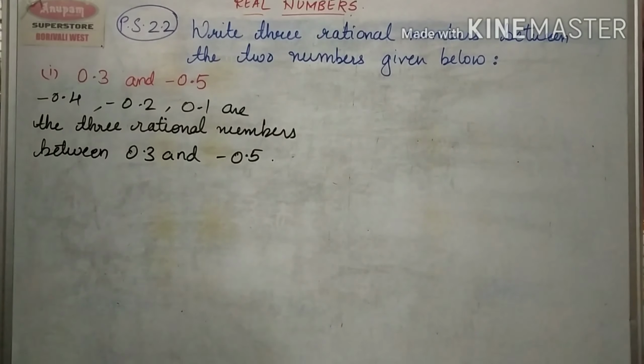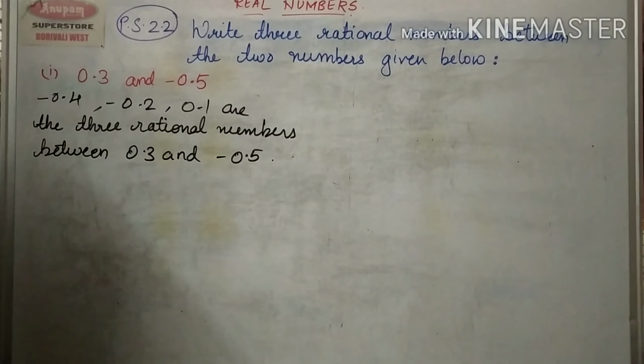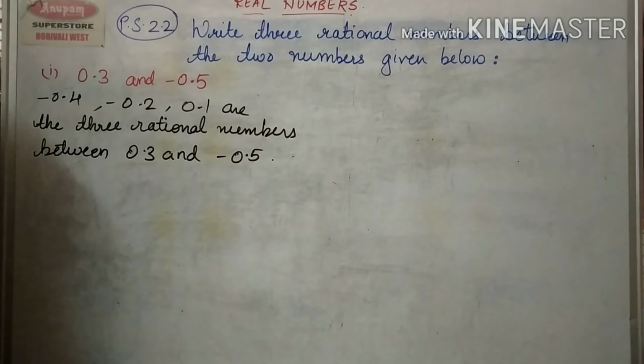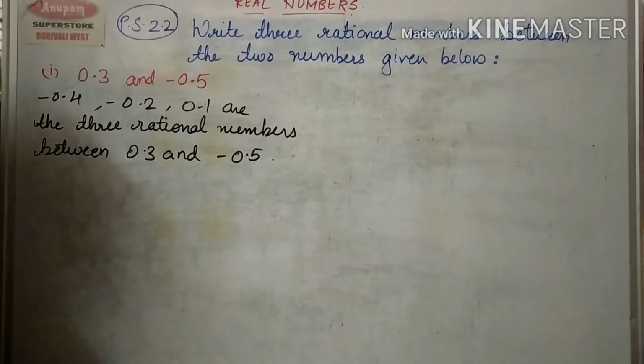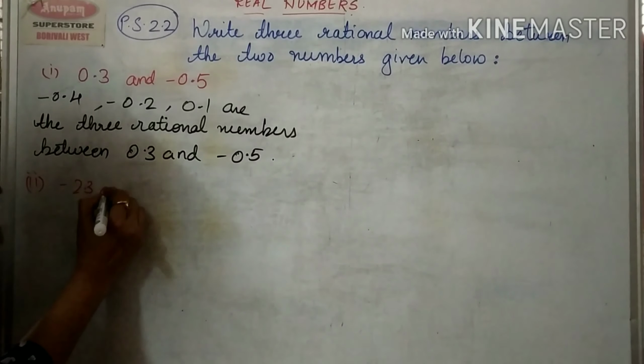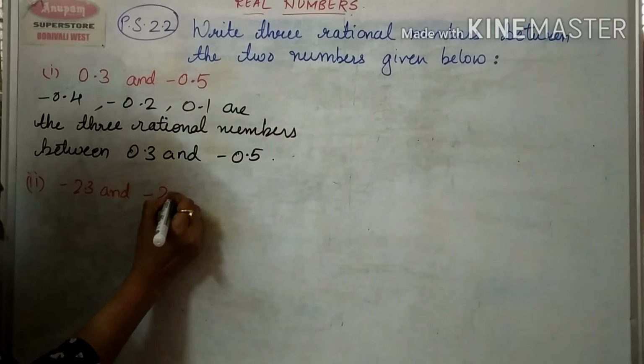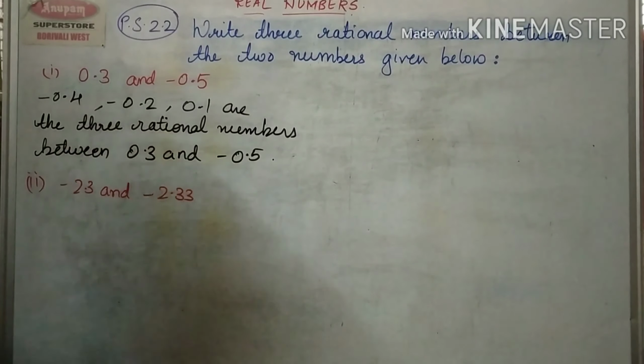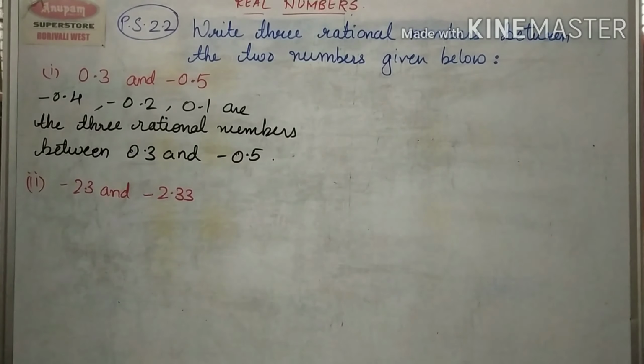Now, next question. Minus 2.3 and minus 2.33. So I want any two numbers between these.